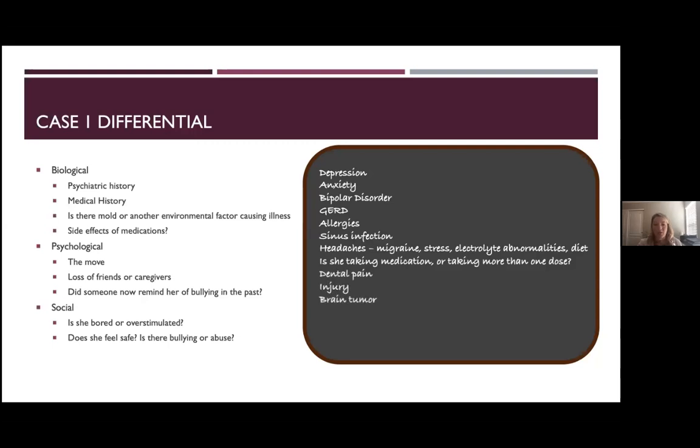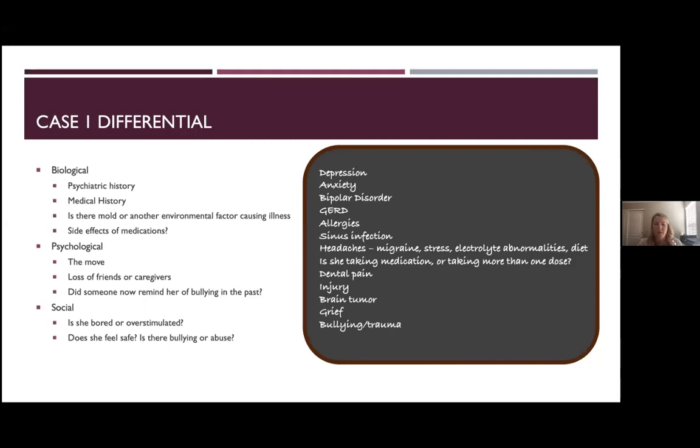And maybe a rare cause of headache would be a brain tumor, but definitely very serious, so we want to include it here. As we move through her psychosocial evaluation, we think about the move and the changes she went through, and we might think about grief over losses of friends or caregivers, or new trauma or bullying.